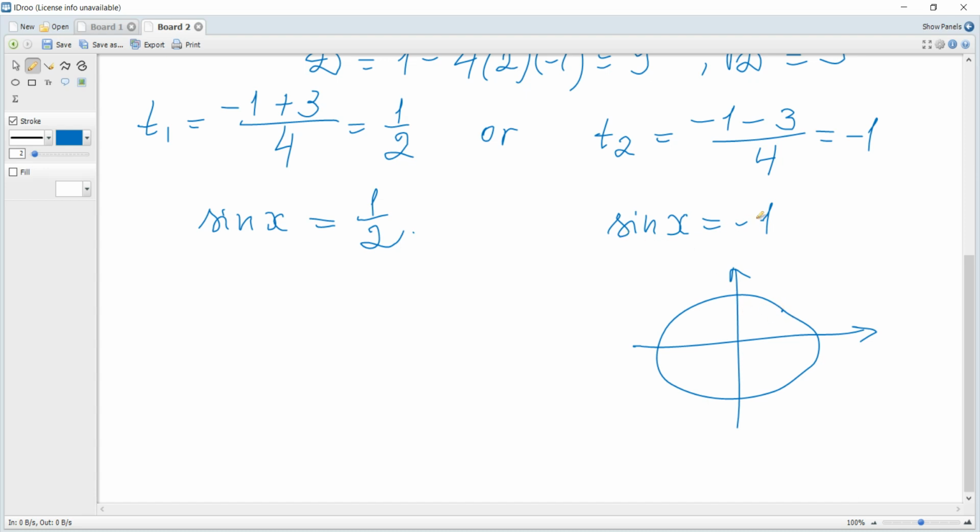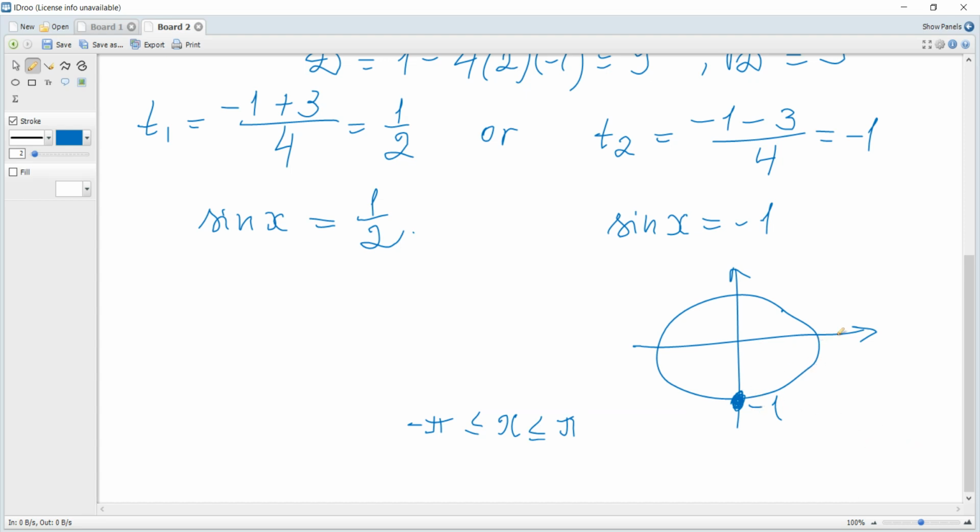So sine to be equal to negative 1 is just this point. In general, we draw a horizontal line through negative 1, but you can see that it's the only point, and we remember that x should be from negative pi to pi, and points are included.